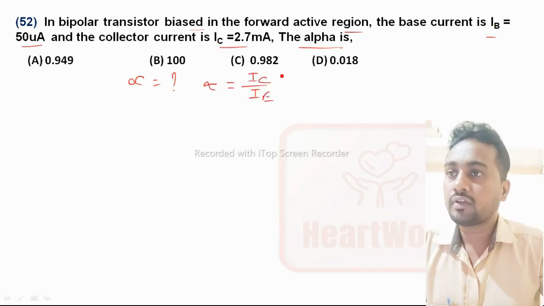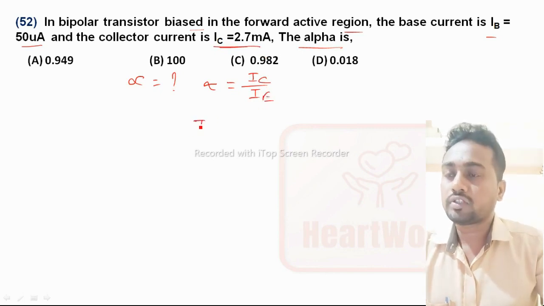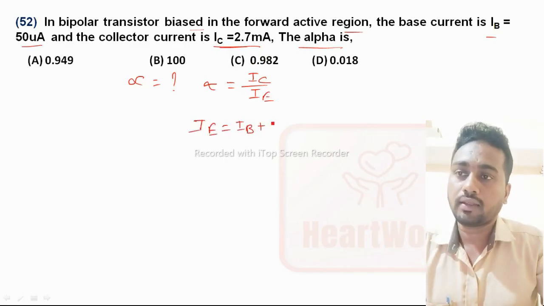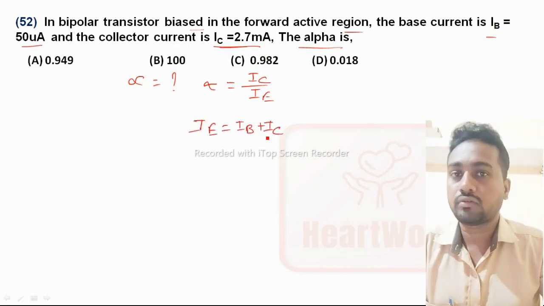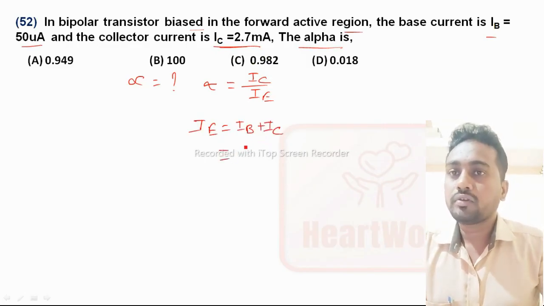We are given the Ic value, 2.7 milliampere, but we don't know the Ie value, so first calculate Ie. Ie equals Ib plus Ic, and this is called the transistor equation. Ib is 50 microampere and Ic is 2.7 milliampere.